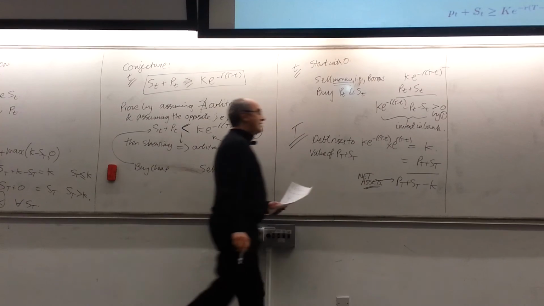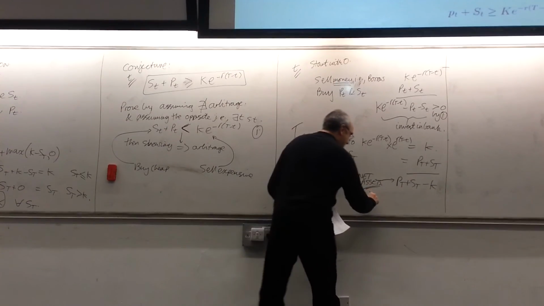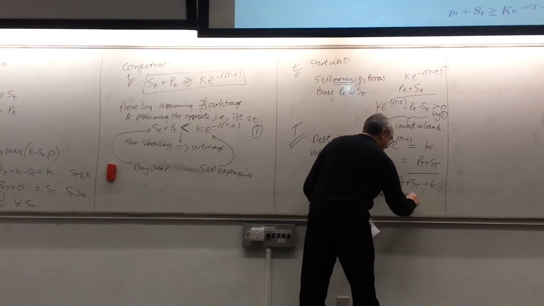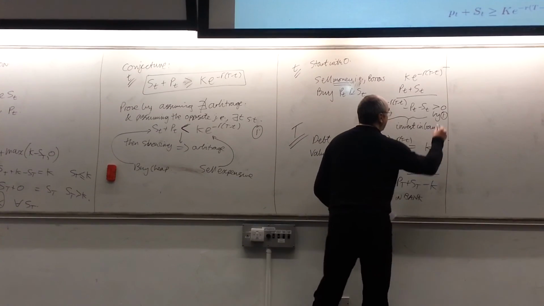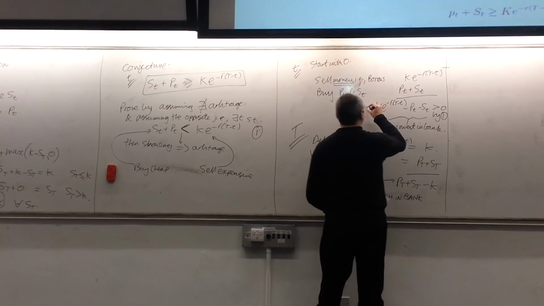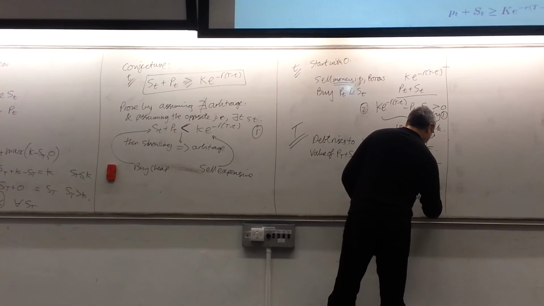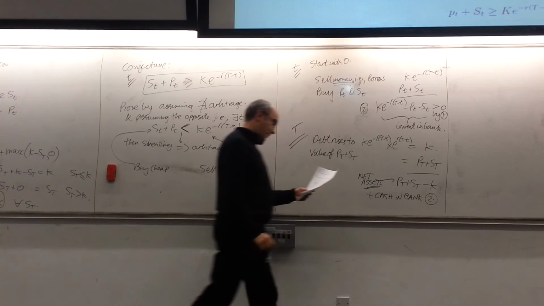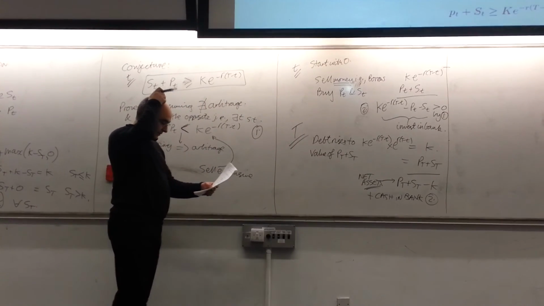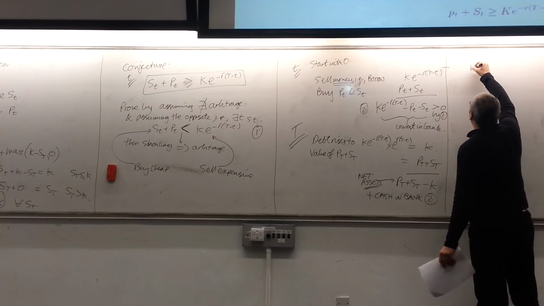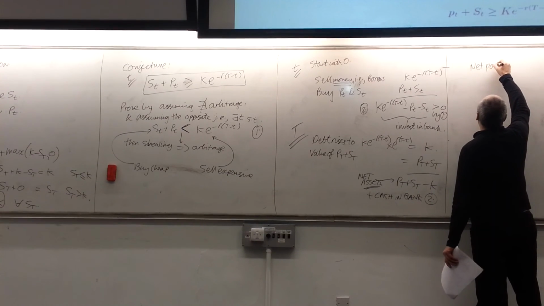So that's my net assets plus the cash in the bank. All that. Okay. So what is my net profit then? Or what net position?